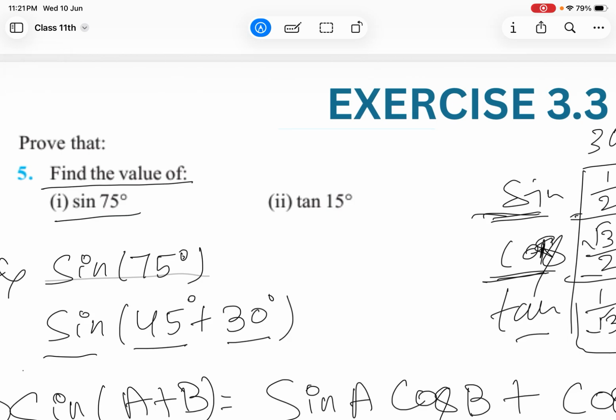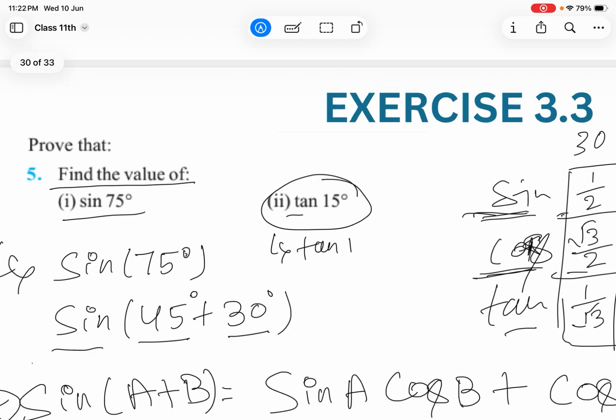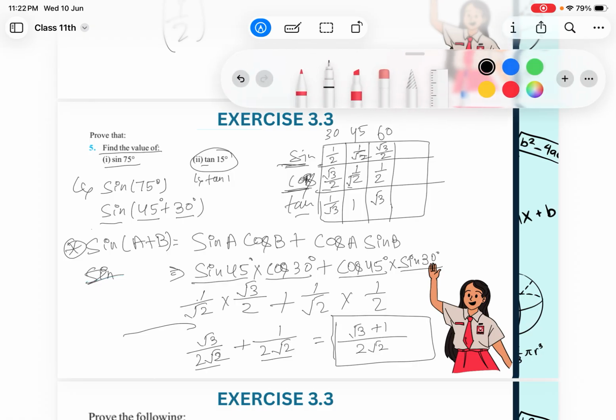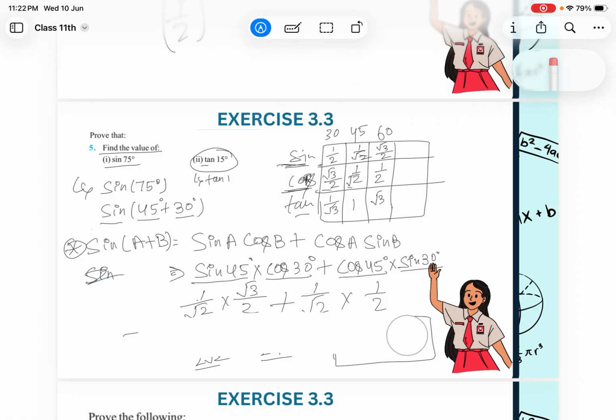And now the second part of question number 5 is tan 15 degree. Let me just clear this. If you want, you can take a screenshot of that, because I'm going to clear this. Now I have to write the formula of tan, so you can do it on your own.